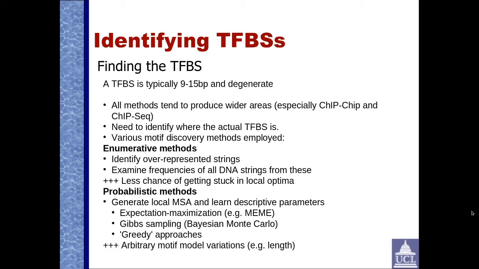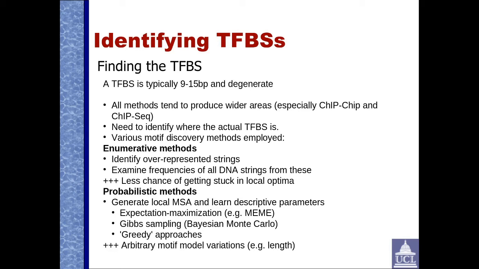The second approach is to use what is known as a probabilistic method. These generate a local multiple sequence alignment and learn various descriptive parameters. These fall into different categories. Again, don't worry about what these actually mean, but they fall into expectation maximization, Gibbs sampling using Bayesian Monte Carlo, and so-called greedy approaches.